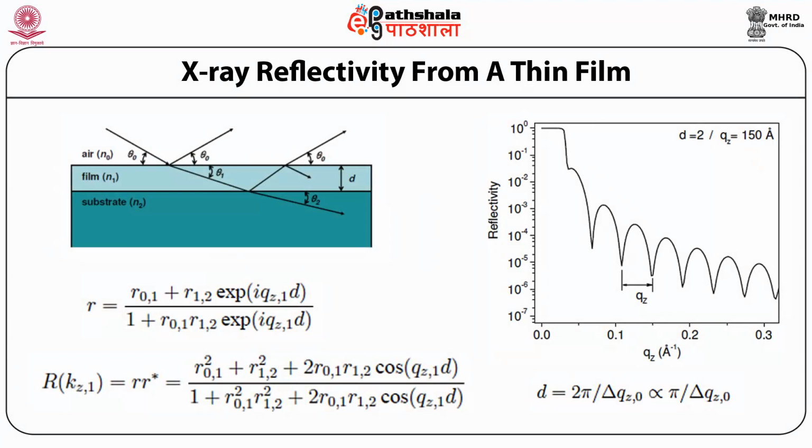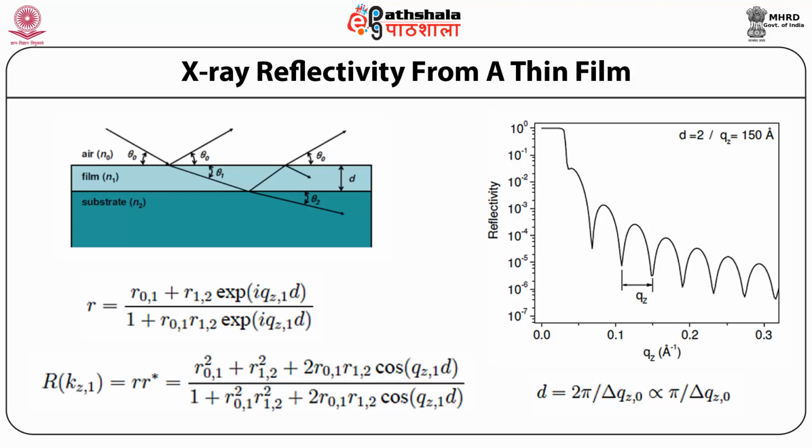In this slide, we go beyond that and we talk about the reflectivity from a flat thin film. Earlier we were talking about reflectivity just from a flat surface of a single medium. But here we have a thin film of different material over a substrate, as you can see in the diagram.